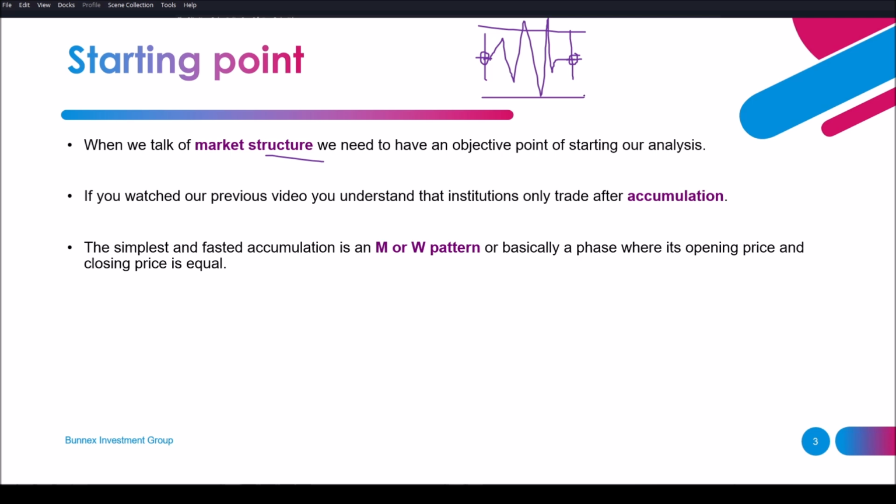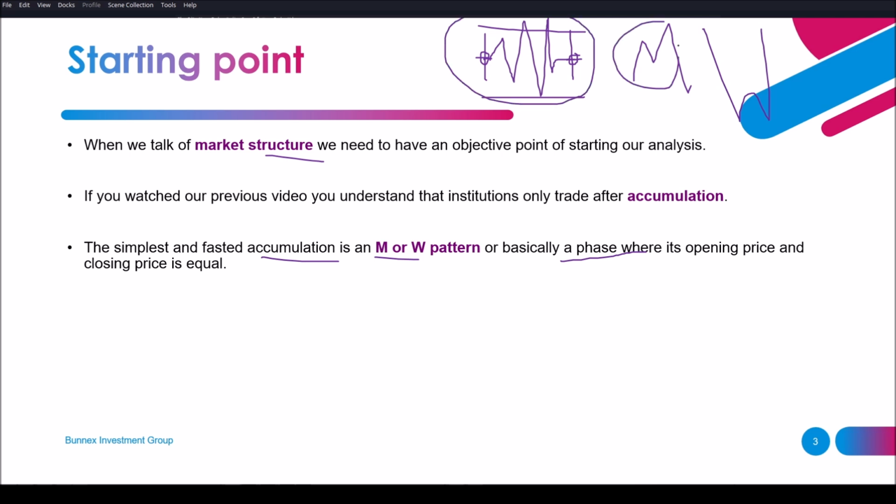Why? For their contracts to be filled, they need trades or contracts to counter. So the simplest and fastest accumulation is basically an M or W pattern. It's actually the fastest accumulation that can be seen on the markets, or basically a phase where the opening price and the closing price are equal, as I've just illustrated here.